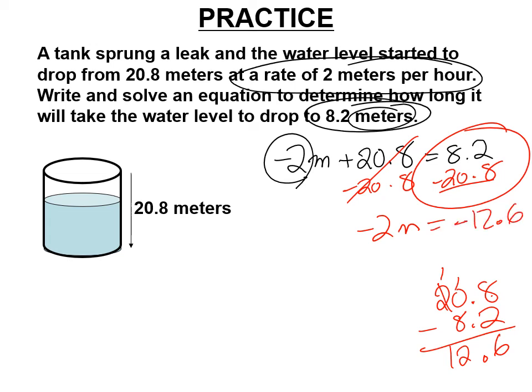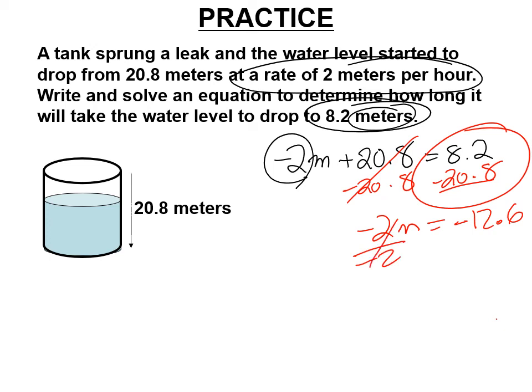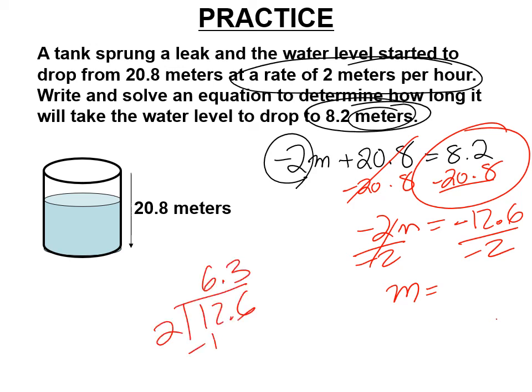Because the bottom number was actually more of the negatives. Divide both sides by negative 2, and m equals what? 12.6 divided by 2 is 6.3. I went a little fast there, but it's 6.3, or 6 and 3/10.